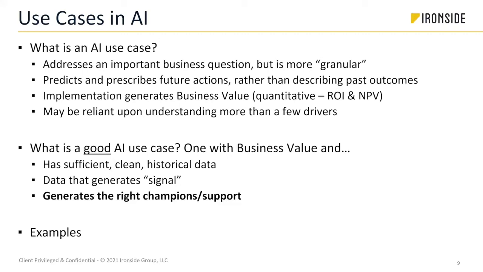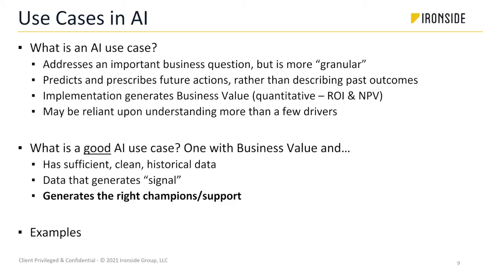So we're going to bring together these two concepts: the data and the quality, quantity, and usability of that data, with the business concept. Is there ROI there? We'll talk about that in a few slides, but we're going to bring these two concepts together. Does the data generate signal? Pam will go into some detail about what signal means. And then that last point you see highlighted is it generates the right champions, the right support.